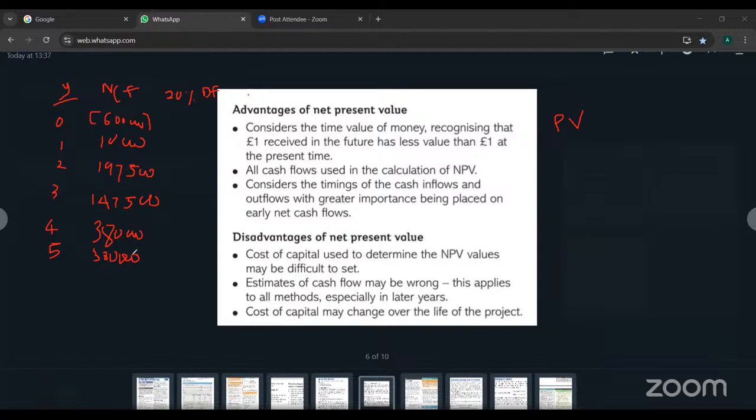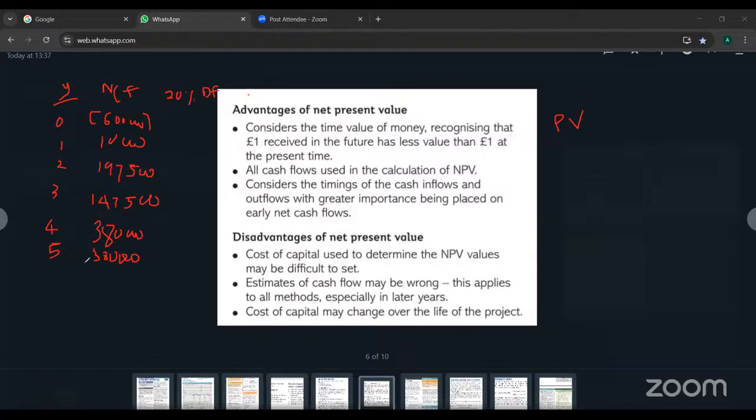So before explaining this fully, what you need to know under NPV is that you can add saleable value under NPV calculation. When calculating the net cash flow, if in a question they have given saleable value, then you have to definitely add that. Then only your answer will be correct.